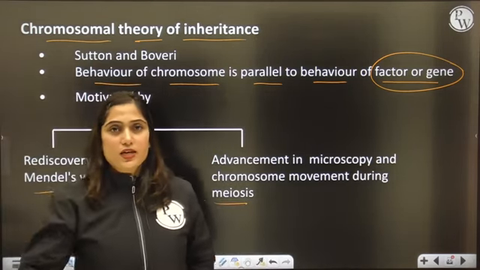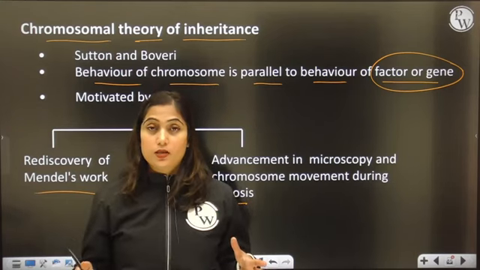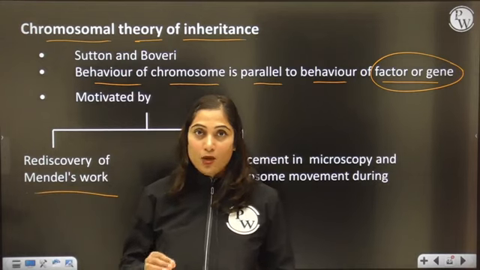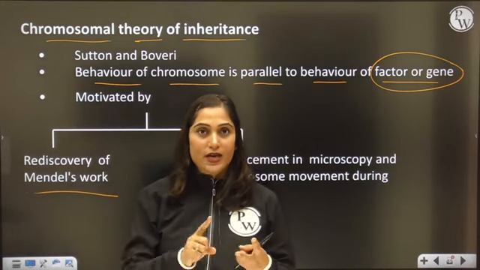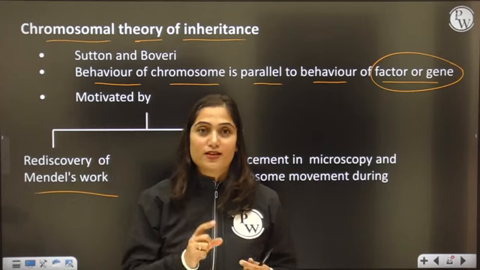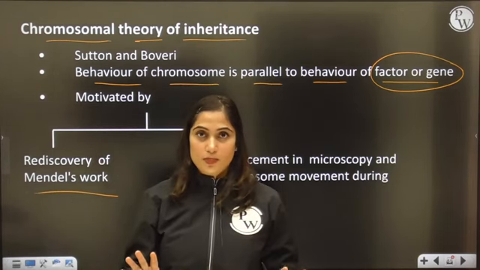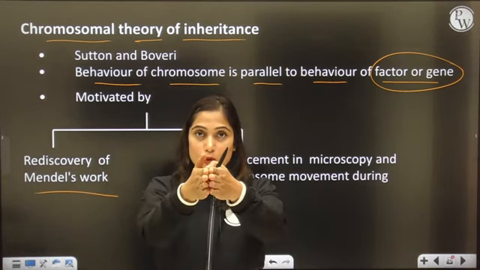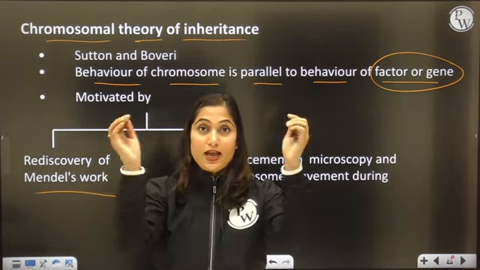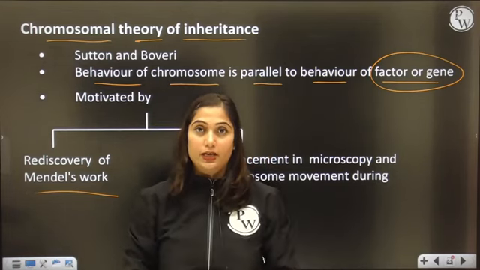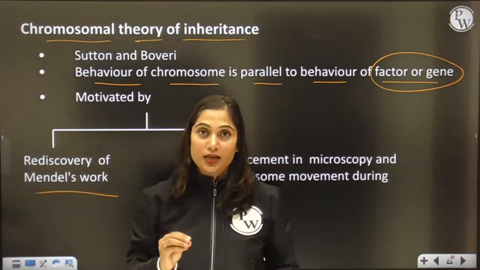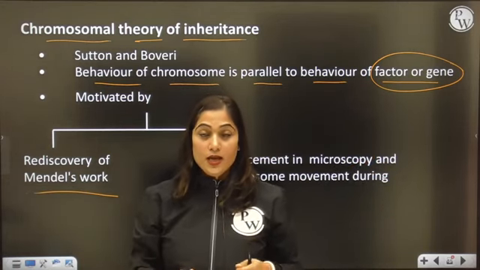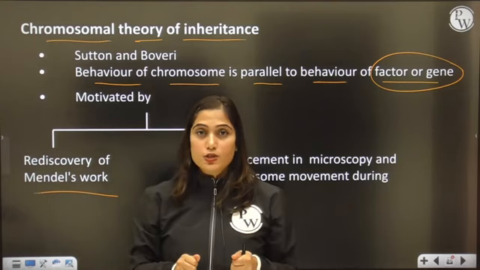Now, what is the meaning when I say that there is parallelism between the behavior of gene and chromosome? Both of them, chromosomes as well as genes, occur in pairs in a diploid individual. During meiosis, during gamete formation, homologous chromosomes also segregate and the genes also segregate. And during fertilization, the paired condition of chromosomes gets restored, as well as the paired condition of genes.